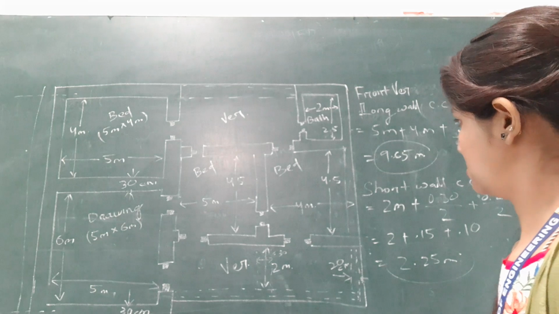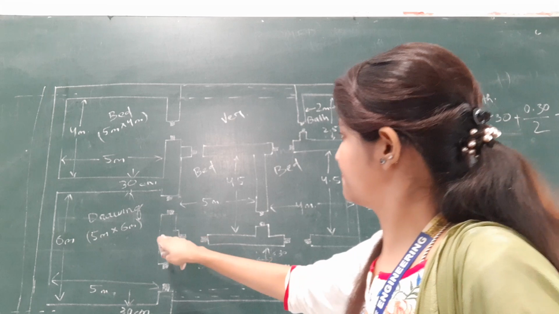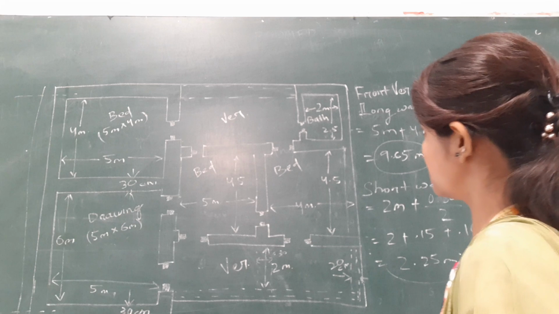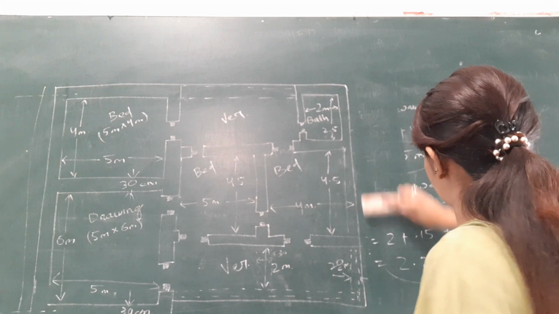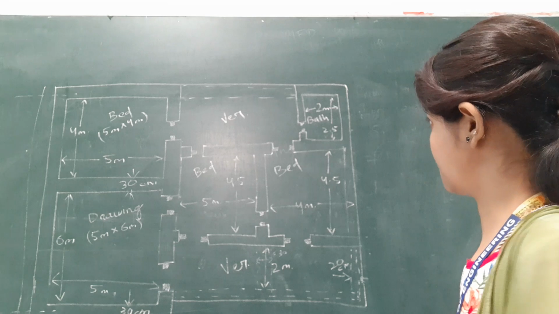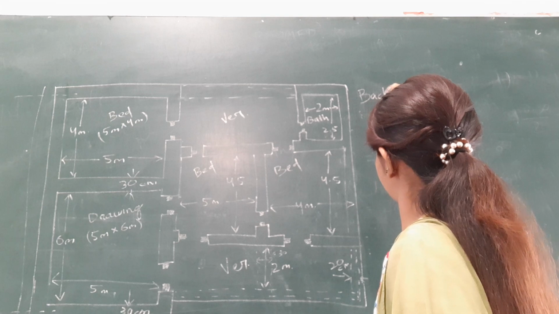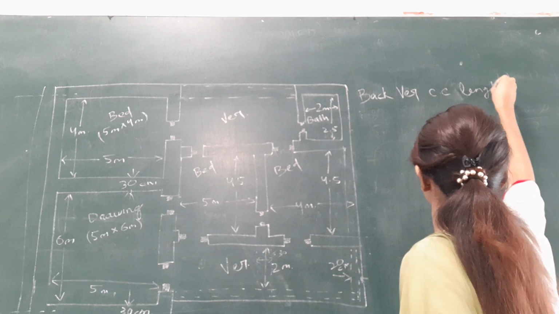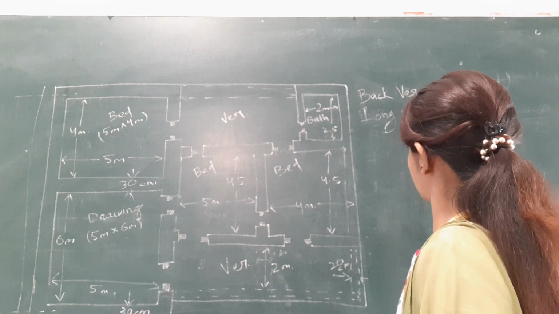So we have done this area and this rectangular portion and this portion, okay. So the remaining is this portion. So we can write back veranda center to center length, okay. For the long wall, at first we calculate for the long walls.